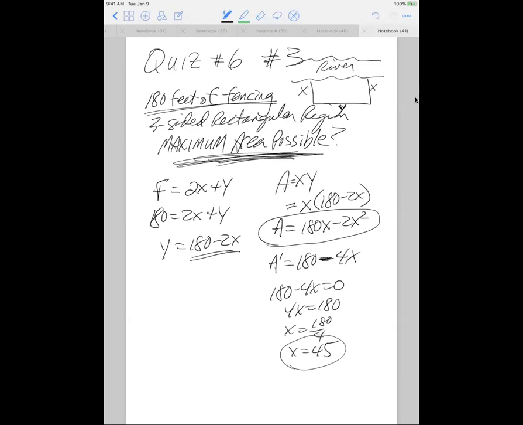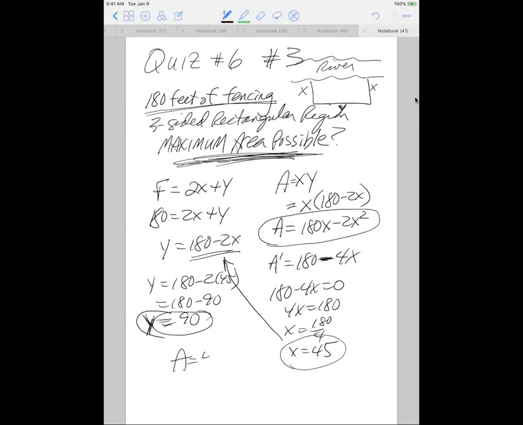So I go back and plug the 45 into my equation for y, and I've got y equals 180 minus 2 times 45, which is 180 minus 90, which is 90. Therefore, the maximum area occurs where x is 45 and y is 90.